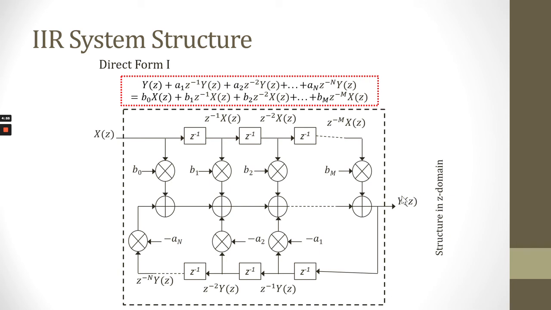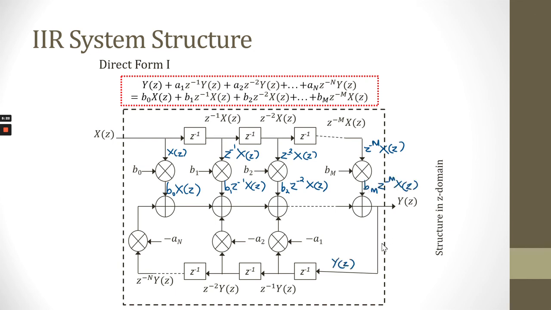In order to produce this equation for Y(z), we rearrange the past output part and take it to the right side, so all the coefficients become negative. X multiplied with b0 will produce this one, z^-1 X multiplied with b1 will produce this one, and so on.